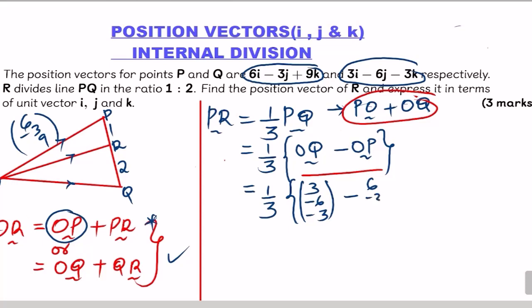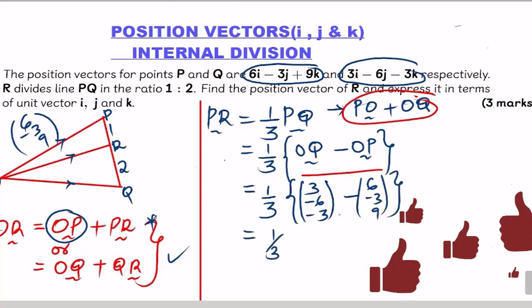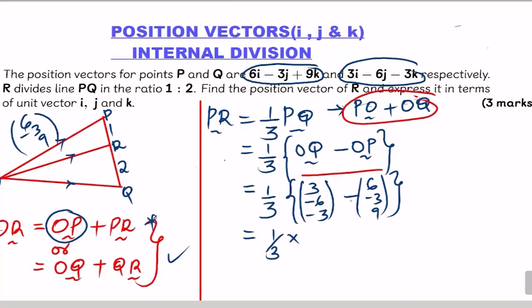When you subtract, 3 minus 6 gives negative 3, negative 6 minus negative 3 gives negative 3, and negative 3 minus 9 gives negative 12. So you multiply each of these terms, negative 3, negative 3, negative 12, by a third. This gives negative 1, negative 1, and negative 4. So now we have PR.